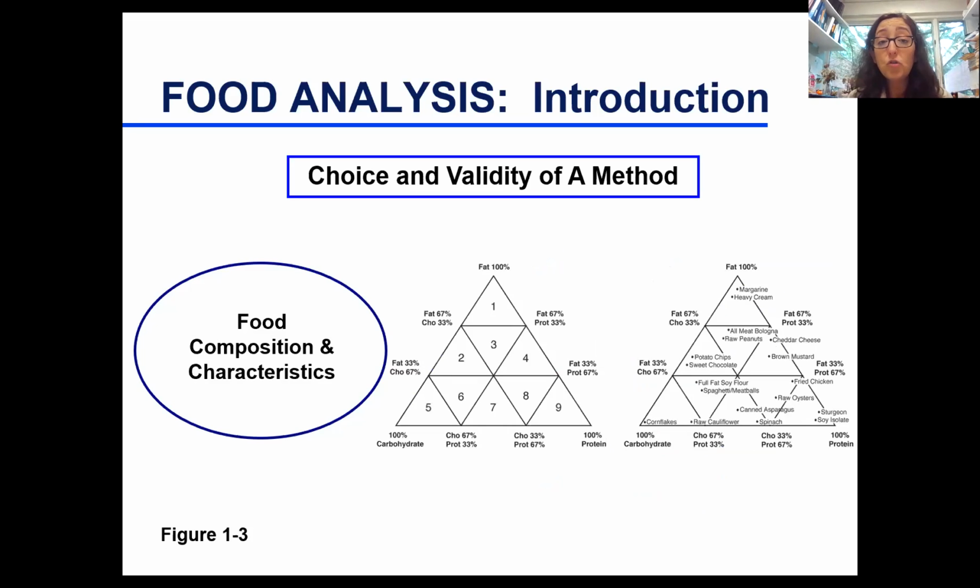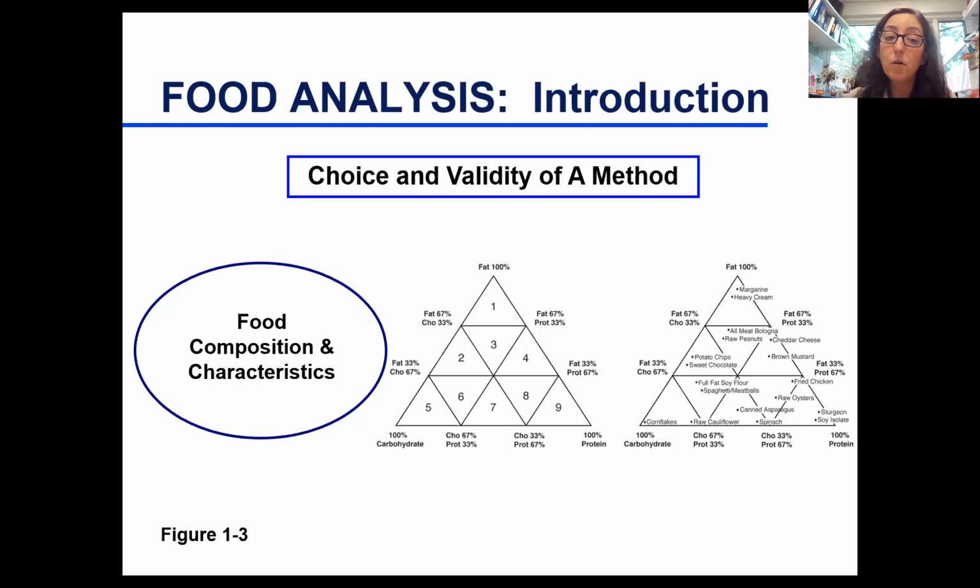So again, choosing a method also depends on the type of food and the composition of food. Some foods are high in carbohydrates, others are low in carbohydrates, or they have different amounts of fat or protein. So depending on these macro components and different moisture amounts, you will decide what method works best. During lab, each group will have a different food product. Some would be dairy, some cereal, or some nuts, like almond, I believe, is one of the nuts we have tested in the past.